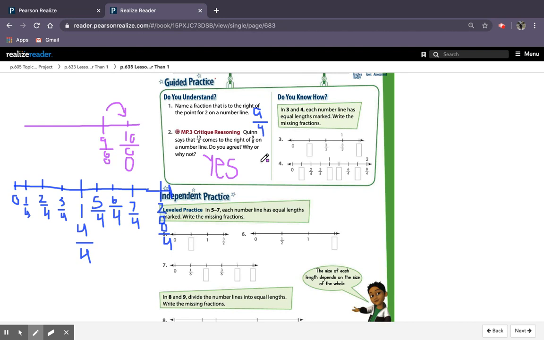That was the explanation that the book gave, and I'm going to read it one more time, and then I'm also going to put it into my own words. So 10/8 has one more copy of 1/8 than 9/8, so it represents a longer length from 0. Do you agree? Why or why not?